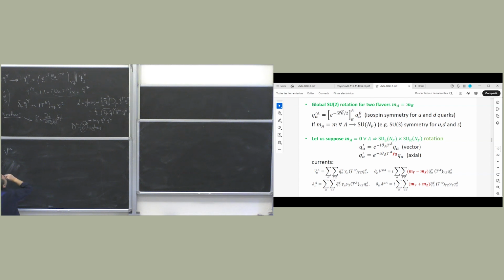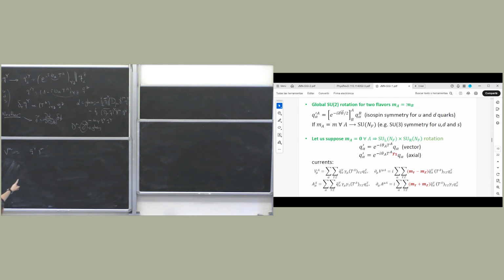What we have is q bar y gamma mu, taking the derivative with respect to d mu q y.